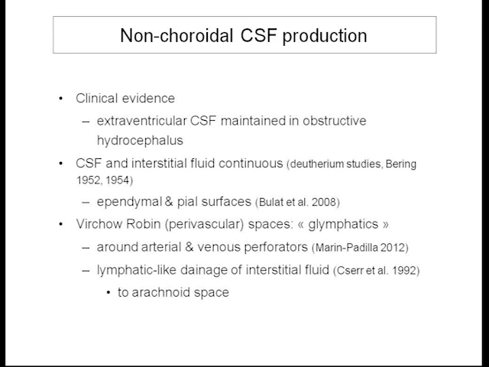And then you have the Virchow-Robin or perivascular spaces that are now called glymphatic. I hate that word, but it acts actually like lymphatics of the brain. They are around the arterial and the venous perforators, and they collect the water from the parenchyma, and this water is going to the subarachnoid space.